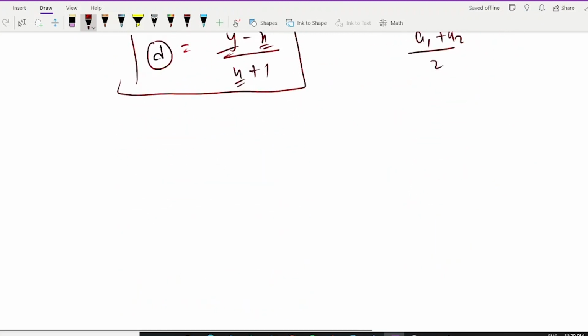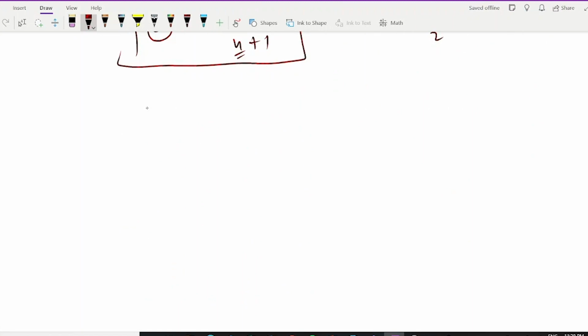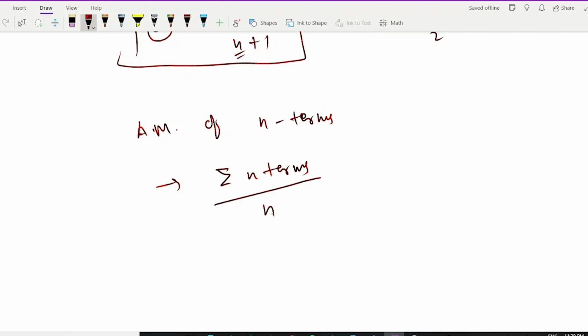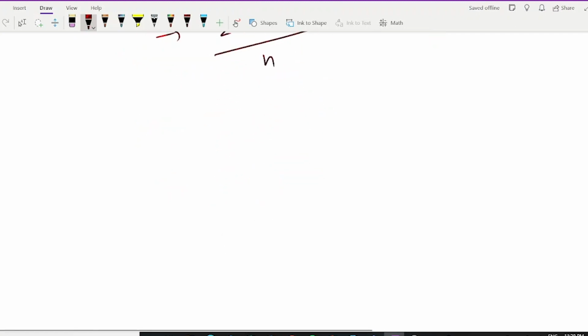So generalizing this concept, we can write the arithmetic mean of n terms as the sum of n terms divided by n.